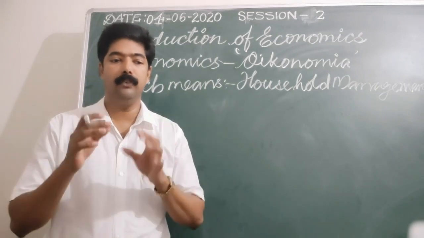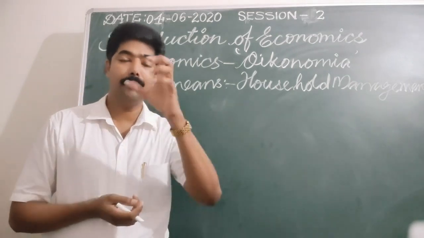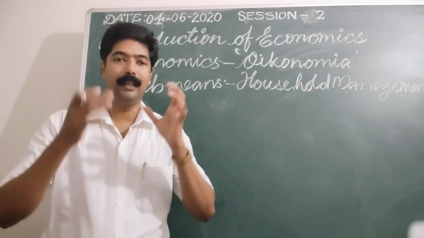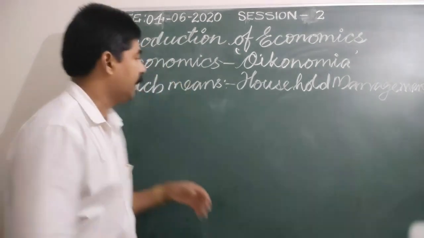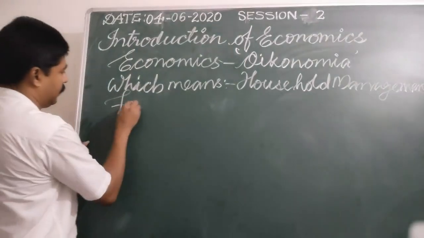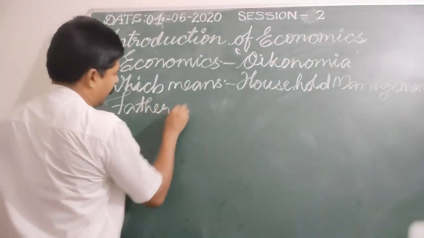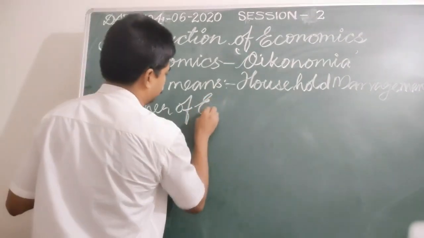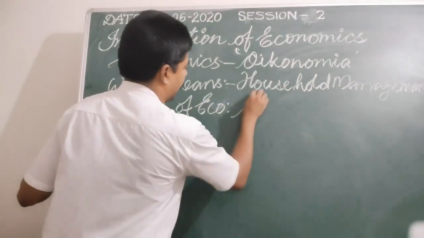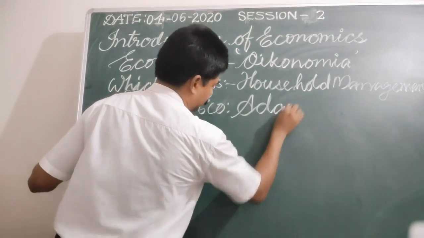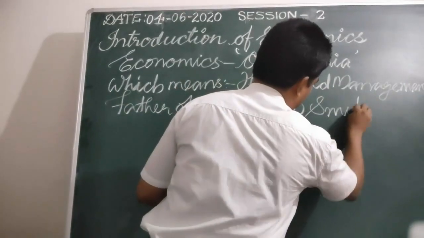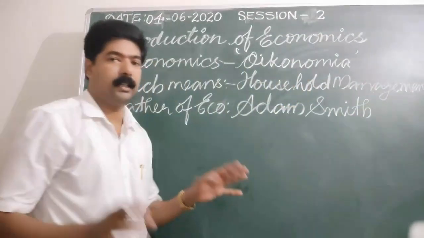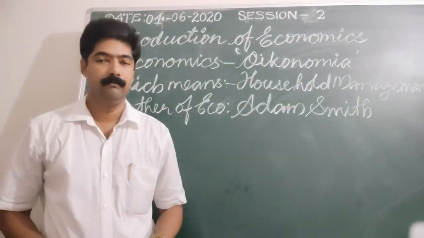The father of economics is Adam Smith, who is a Scottish philosopher and a great economist. You can also note that the father of economics is Adam Smith, a great economist and a philosopher.